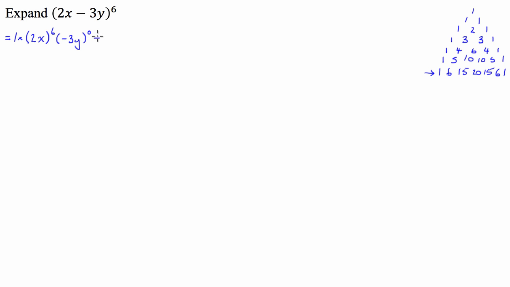So then we're going to add, we go from 1 now to 6 times 2x to the power of 5 times negative 3y to the power of 1. And we're going to go through all of these until the y goes to negative 3y to the power of 6.